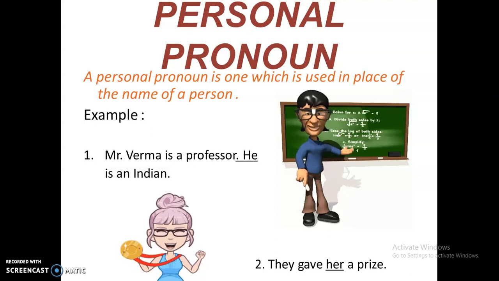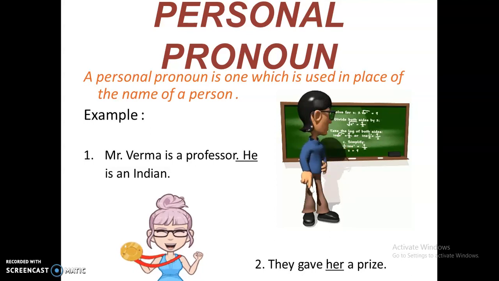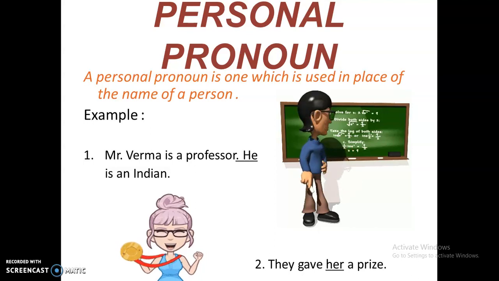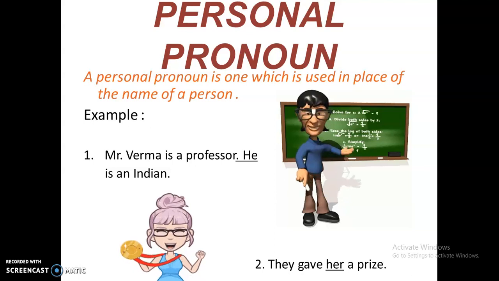Personal pronoun. To understand it more clearly, let's move towards the first example. Mr. Verma is a professor. He is an Indian. So, in the second sentence, you would have noticed that I referred to Mr. Verma using the pronoun he.